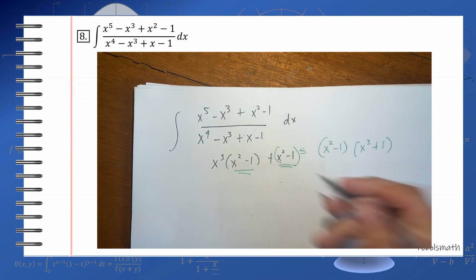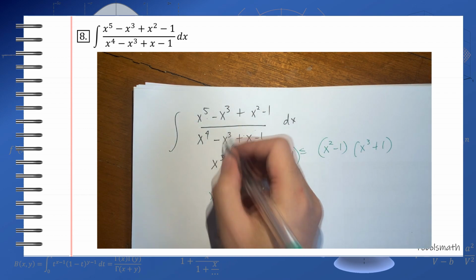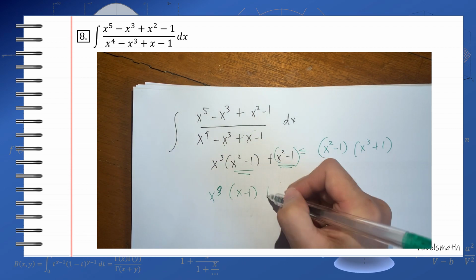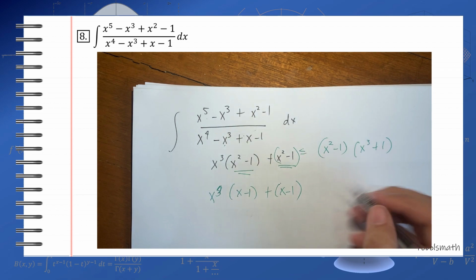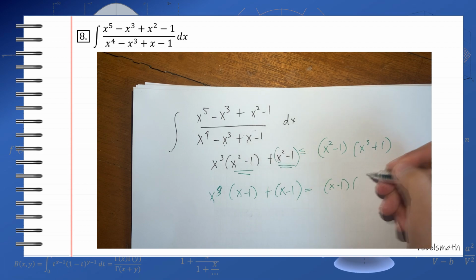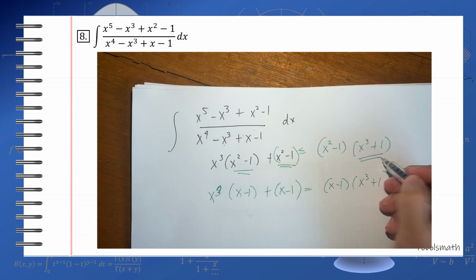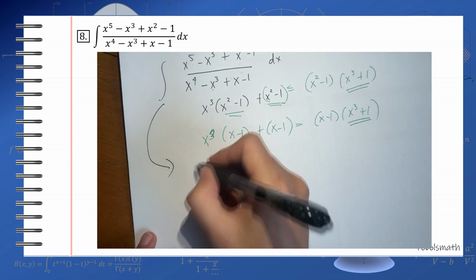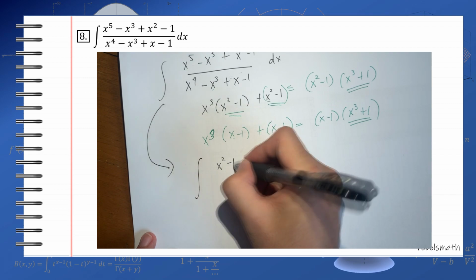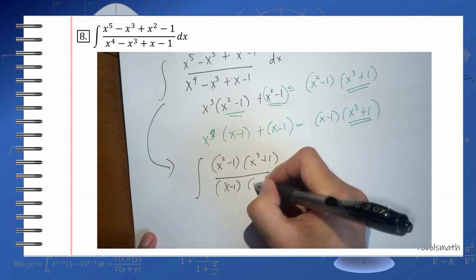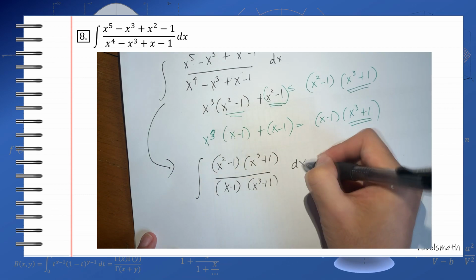In the denominator, we have x to the 4th. Factor x cubed, so x cubed times x minus 1, plus x minus 1, is equal to, factor out x minus 1, times x cubed plus 1. Hey, this is common. So the integral becomes x squared minus 1 times x cubed plus 1 over x minus 1 times x cubed plus 1 dx.